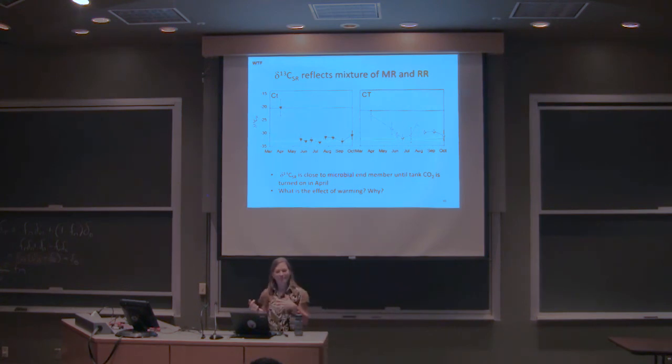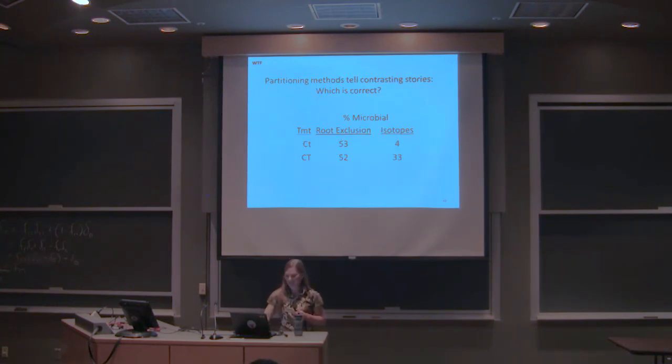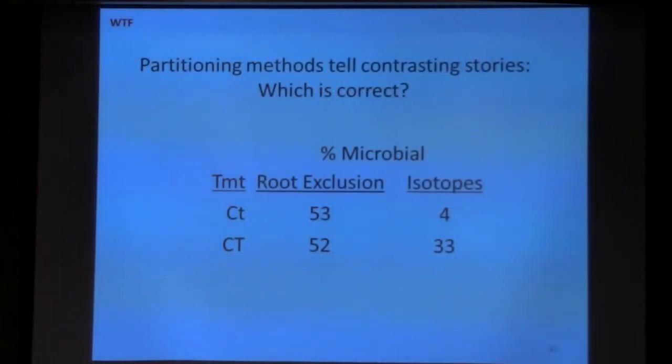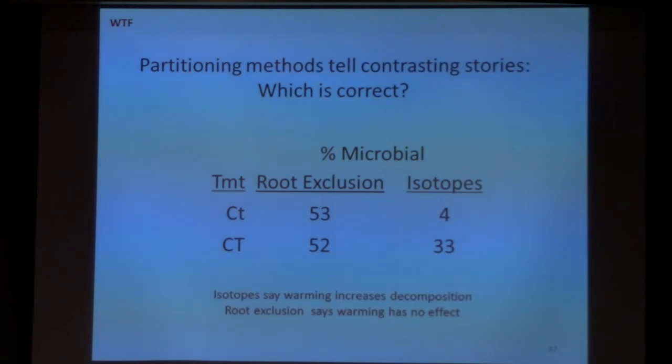But then we sometimes make the mistake of thinking that everyone else is an isotope geek and all they want to see is the raw data. No. They want to see the final result. They want to see the percentages, right? And so this is the story, that our two different partitioning methods tell contrasting stories. They have different results. Root exclusion tells us that there's no effect of warming on decomposition.